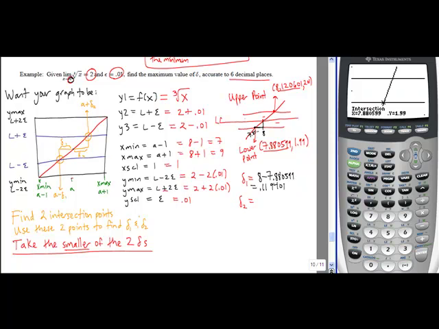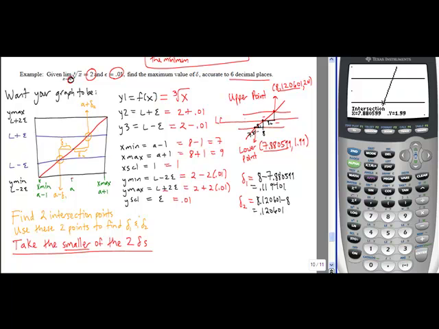So delta 2 is the distance from 8 over to this second intersection point. So this is delta 2, this was delta 1. So if this is 8, and this is at 8.120601, we're just going to subtract. Do the bigger point, the one on the right, minus the smaller point, the 8. And when you subtract those on your calculator, you're just going to get 0.120601.